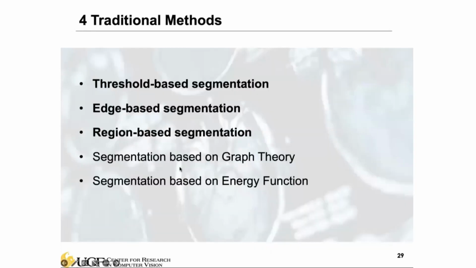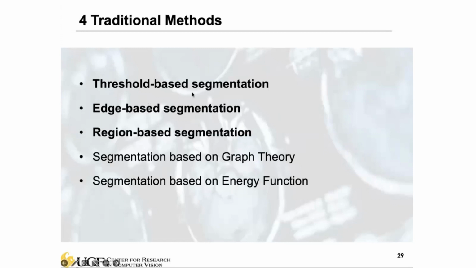Okay, so those just give you a quick glance of some of the commonly used datasets for different applications. And next, let's talk about some of the traditional methods for medical image segmentation. Before deep learning became very popular, people used classic or traditional methods to do the segmentation task. So these are a list of traditional methods for segmentation.